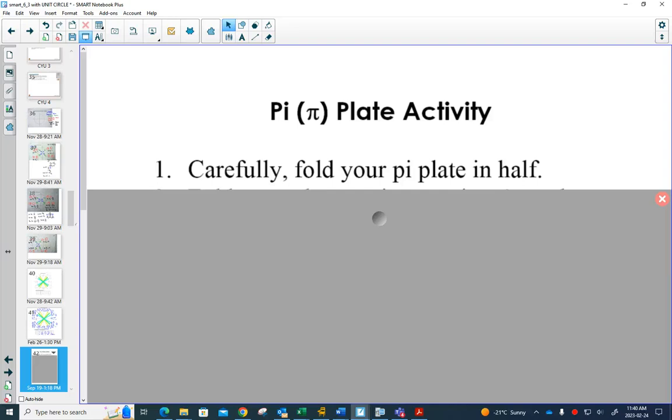And once you're holding that tight, you can press it down and it will fold nicely in half. If you're not holding it tight while you press it down, it could shift on you and not fold perfectly in half. So we fold it in half, hold it tight, then press it down on the table, squish it, it'll fold nicely for you in the end.